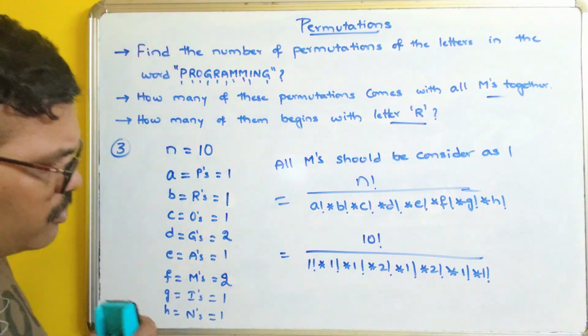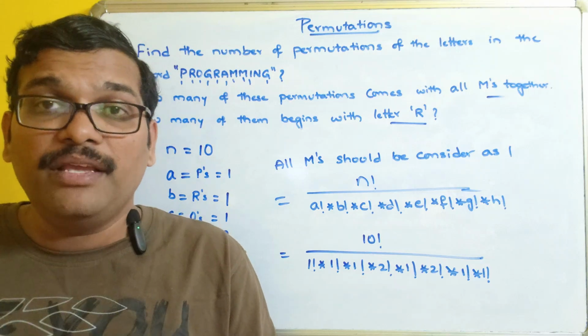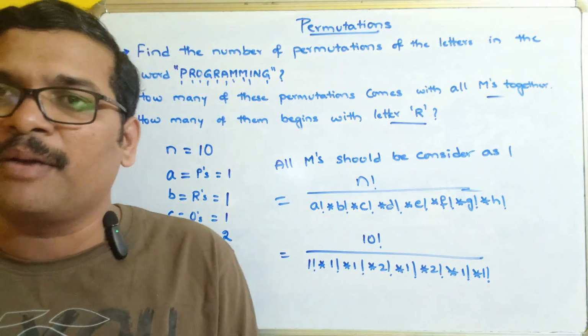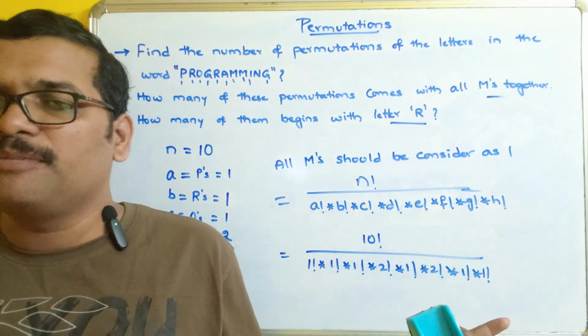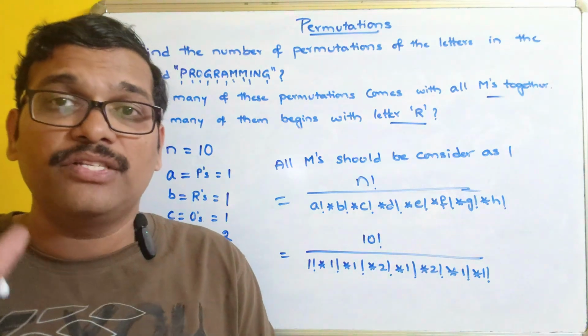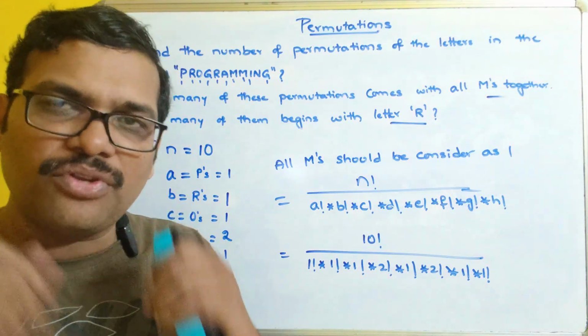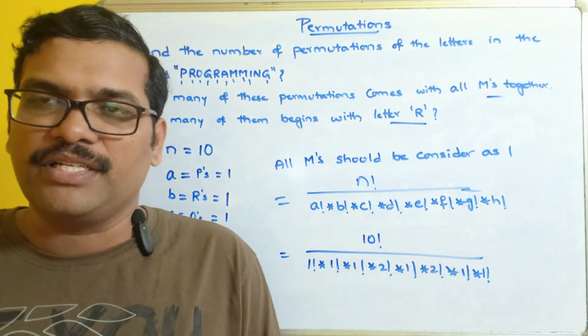So try to solve these kinds of problems again and again, so that you will be very good at solving these permutation problems. Unless you solve many problems in permutations, you will not get the confidence to solve any kind of problem. So try to solve as many problems as possible.